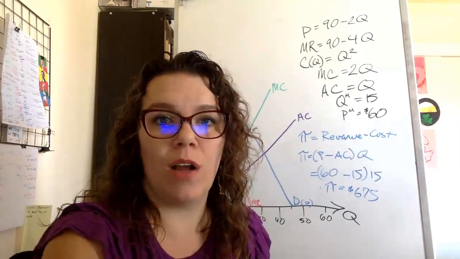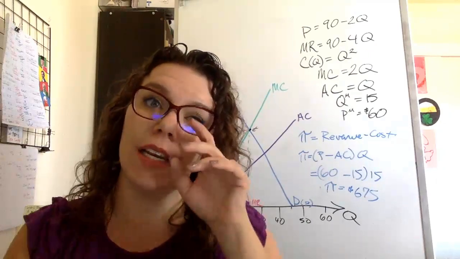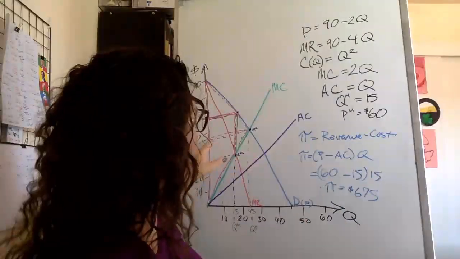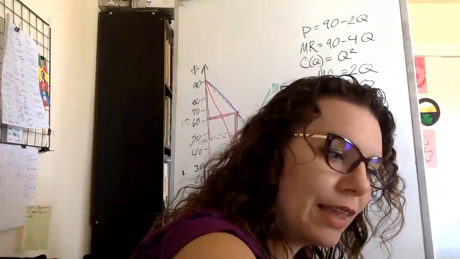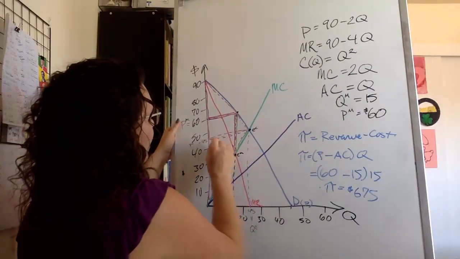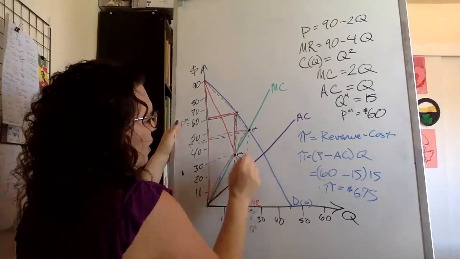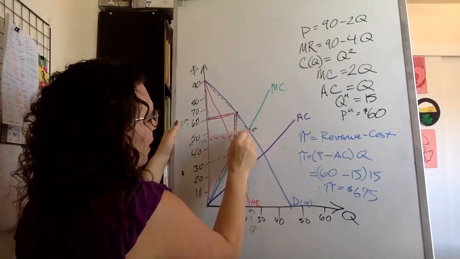The last thing I want you to think about for this problem is how the government might try to solve this monopoly problem. So one thing they can do is, if it's a natural monopoly, they can try to regulate it. They can impose a price ceiling. If they imposed a price ceiling, that would look like this. They would say, okay, the price is set at the competitive price. Rather than $60, the price is going to be set at $45.